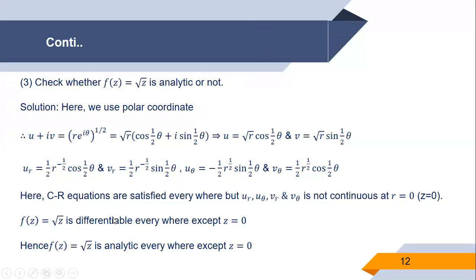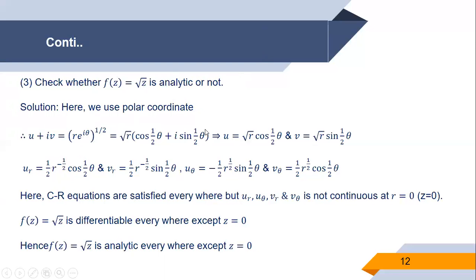So first we take u plus iv is equal to f of z, and root z is nothing but r into e raised to i theta, raised to 1 by 2. So we can say root r and e raised to i theta by 2, so cos theta by 2 plus i sin theta by 2.